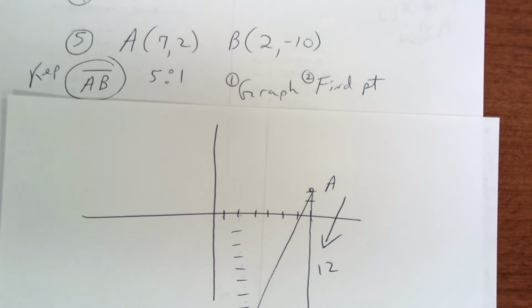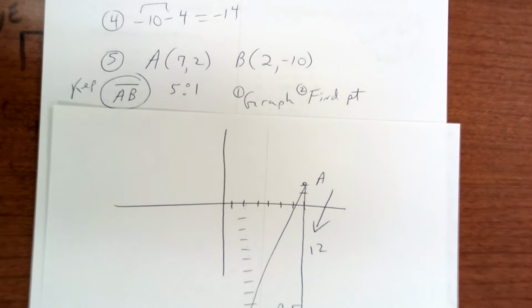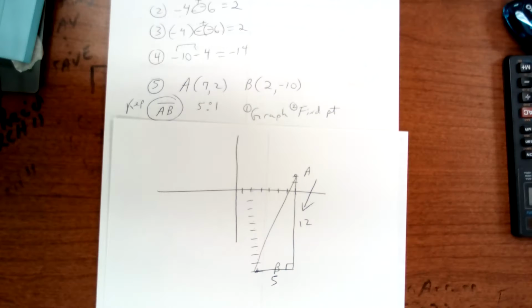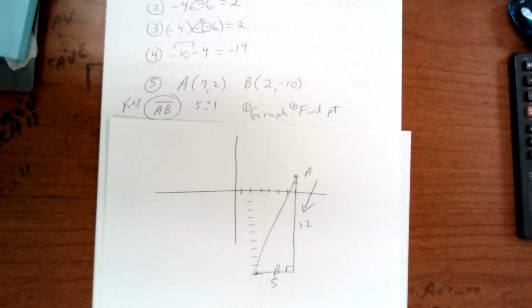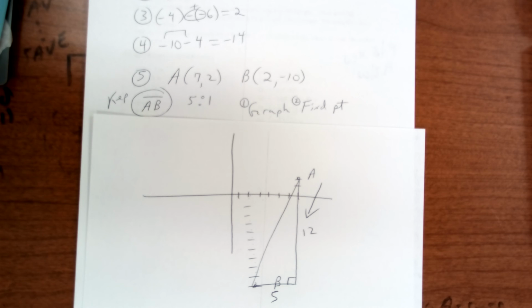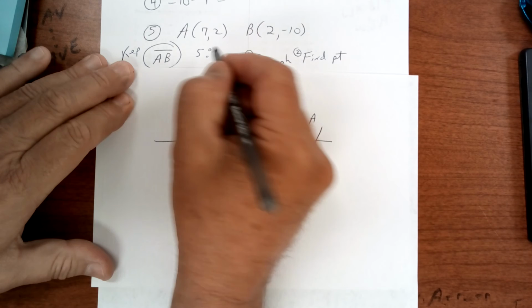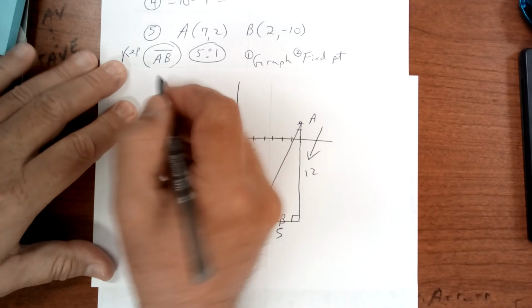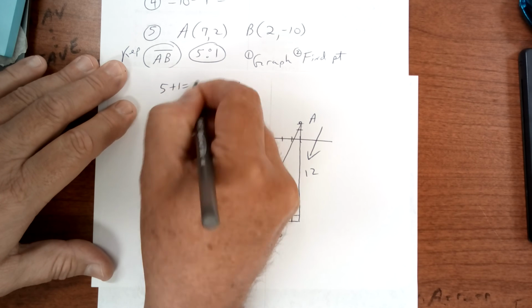Let me make this a little smaller so we can see it. Okay, so the ratio is 5 to 1, so you're going to add that up. So 5 plus 1 is 6, and the first number goes on top of that.